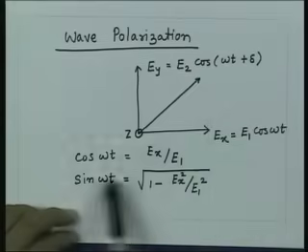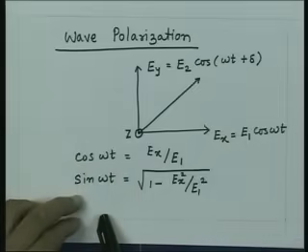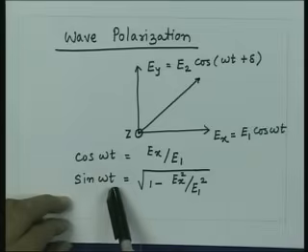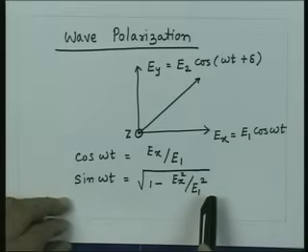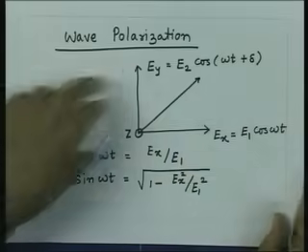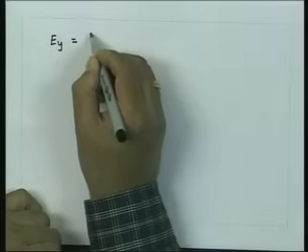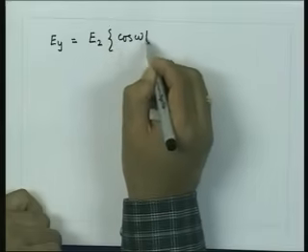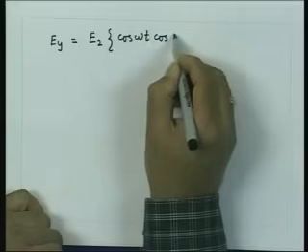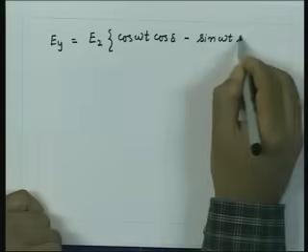So, from here we have cosine of omega t, which is Ex upon E1. From here we can find out the sin omega t, which will be square root of 1 minus Ex square upon E1 square. And then for this Ey, if we expand this cosine function, we can get Ey, that is E2 cos of omega t cos of delta minus sin of omega t sin of delta.